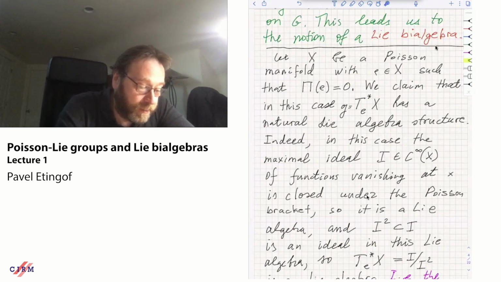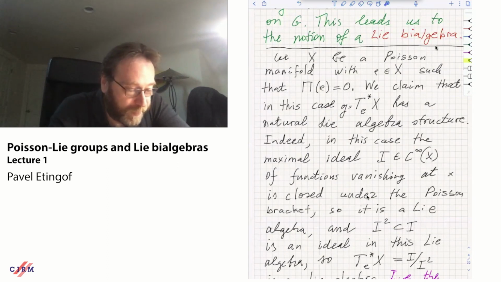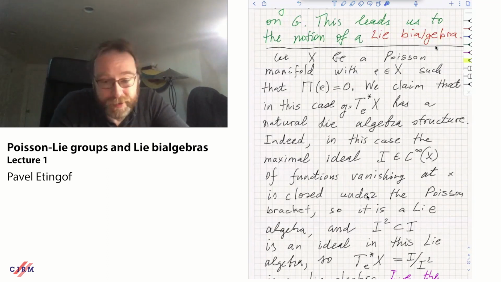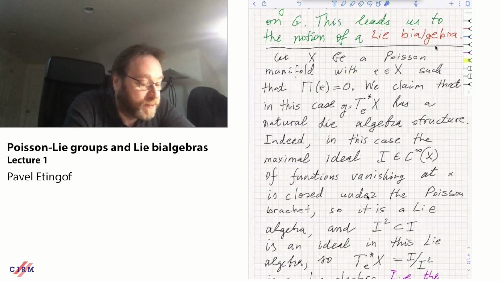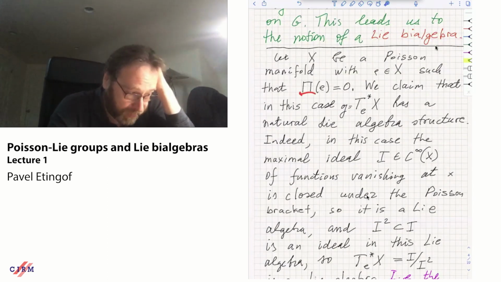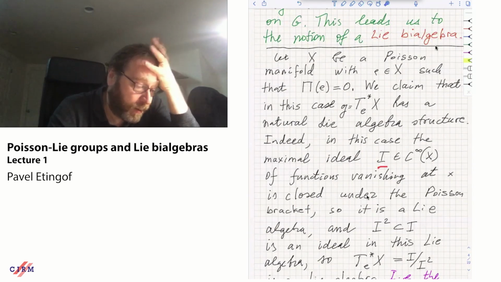This ideal is closed under Poisson bracket if the Poisson bivector vanishes at E, because when you have two functions f and g which lie in this ideal, you take their derivatives, which do not necessarily lie in this ideal and may have non-zero value at E, but then you multiply these derivatives by some structure constants of pi, which vanish at E, and you sum, and you get a function which vanishes at E.